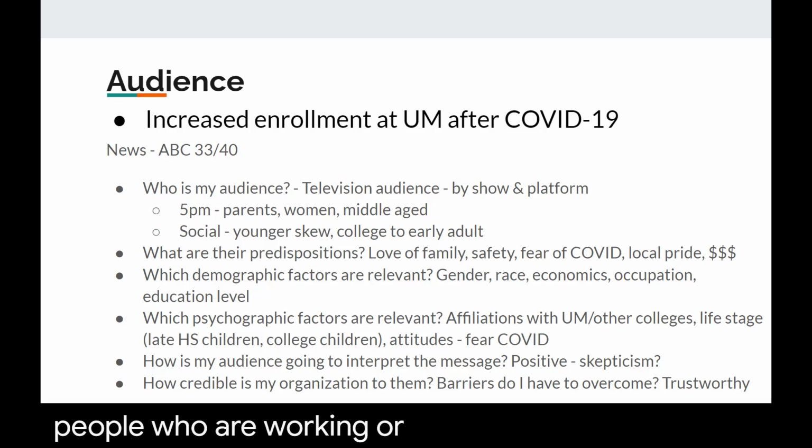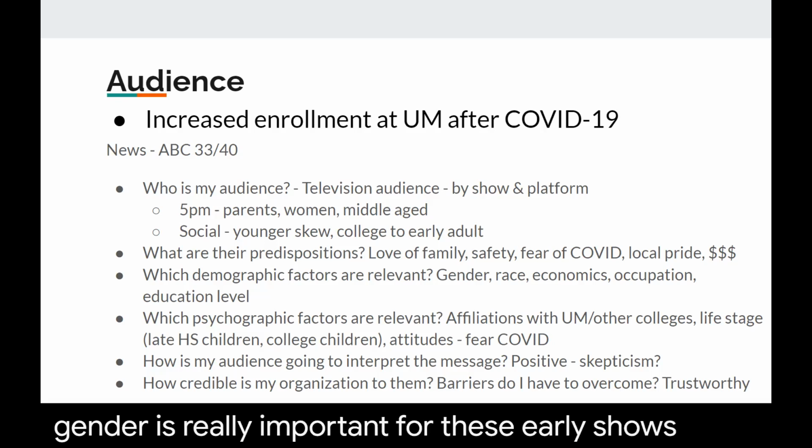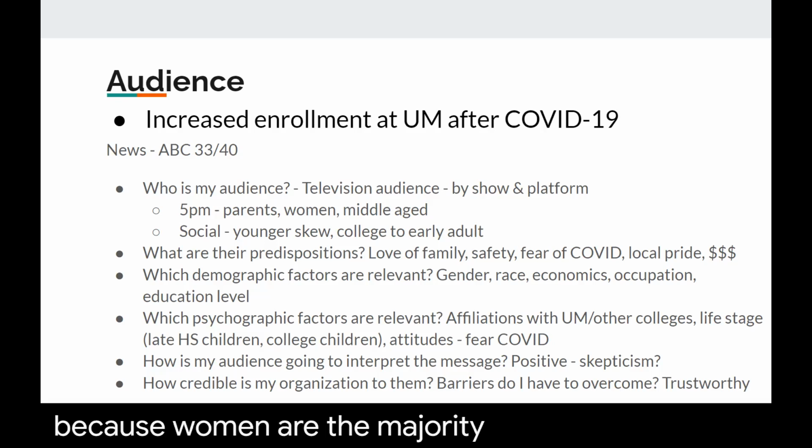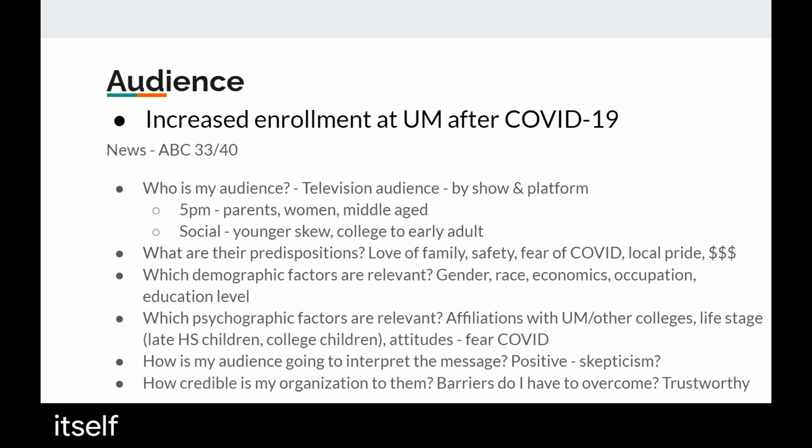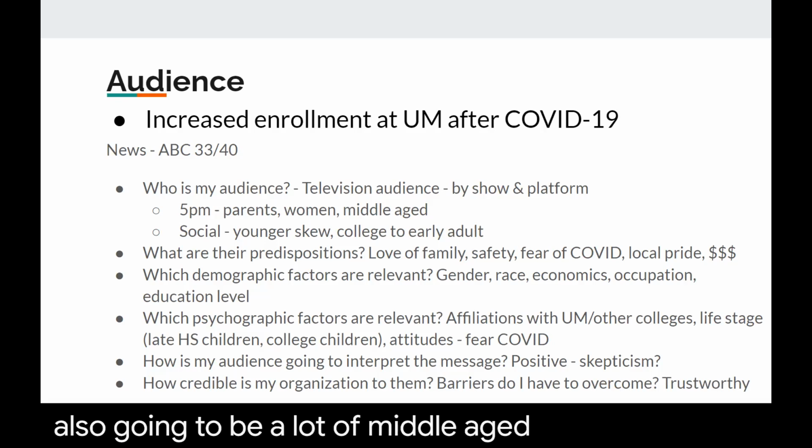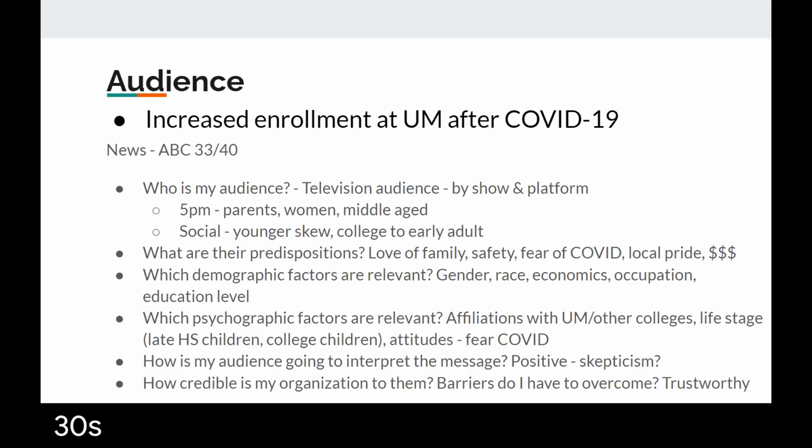The demographic factor of gender is really important for these early shows because women are the majority of the audience. It's also going to be a lot of middle-aged, kind of in your 35 to early 50s is the primary age of that show.